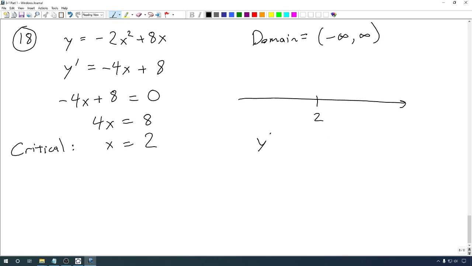What is the derivative at 0? Because remember, we have to take our test points and plug them into the derivative. Well, we have negative 4 times 0, or 0, plus 8. Well, 8 is definitely a positive number. So over here, it's positive, or in other words, it's increasing from negative infinity to 2.